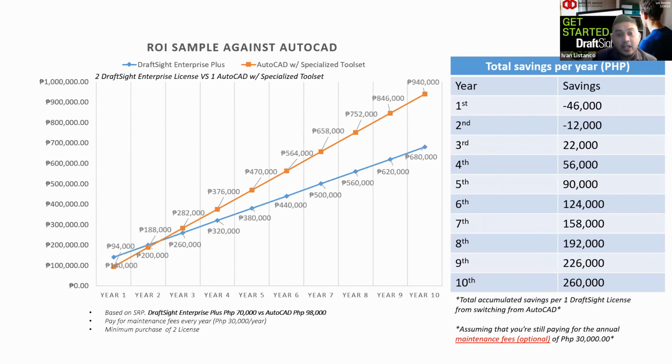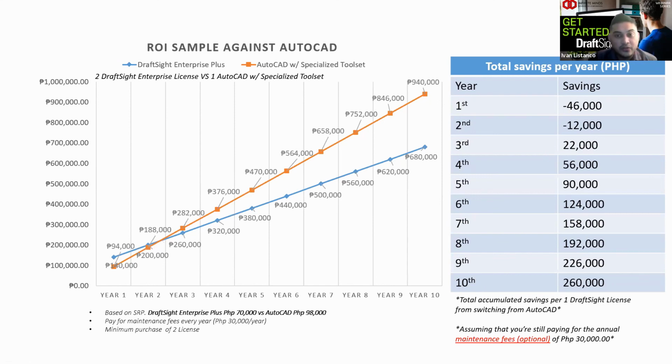So here, ang ginawa ko naman is dalawang licenses. Two versus two license tayo, and ang maintenance fee naman nito is 30,000 na kasi nga 15 yung per license. As you can see, half ng second year, nag-ROI ka na.